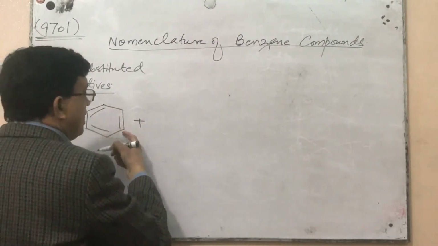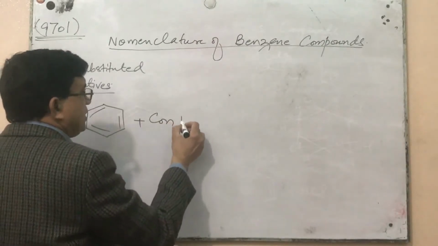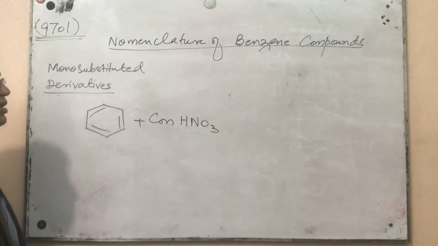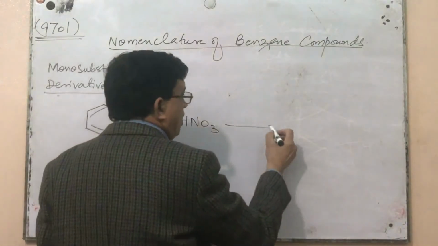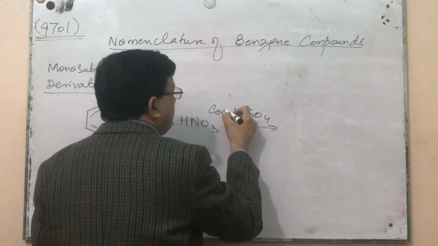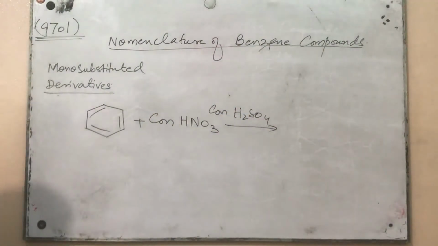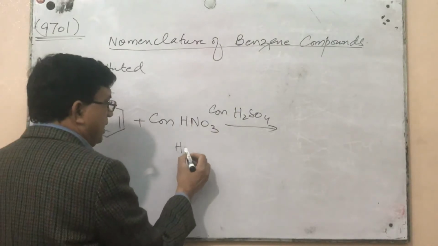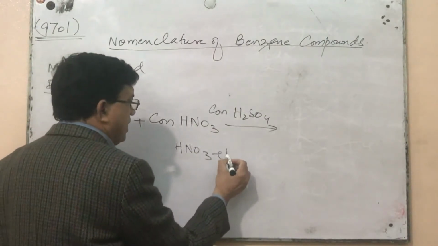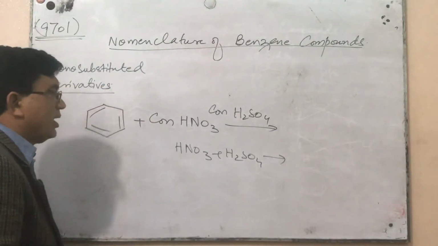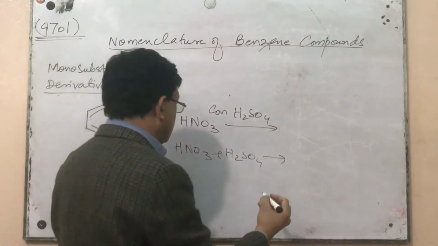We react this with concentrated HNO3 along with concentrated sulfuric acid. What happens? What happens first? First of all, both of these acids, HNO3 plus H2SO4, react together and produce what?